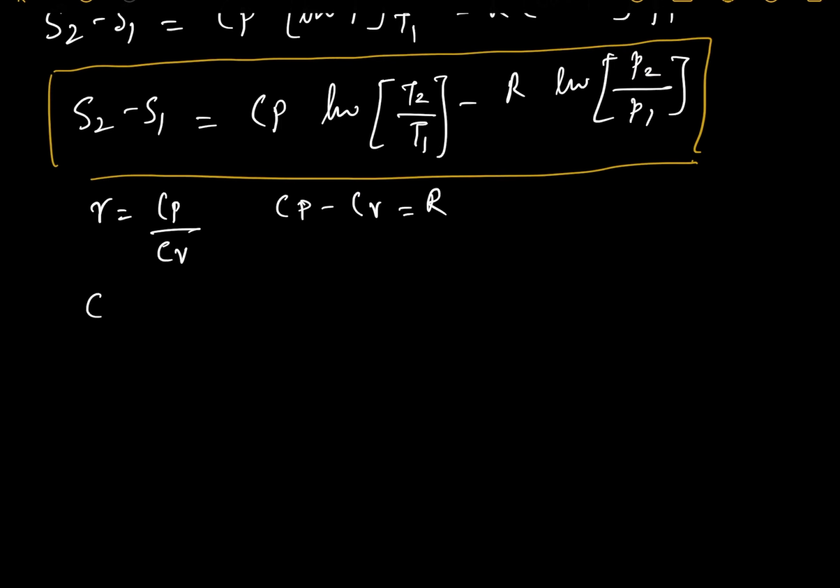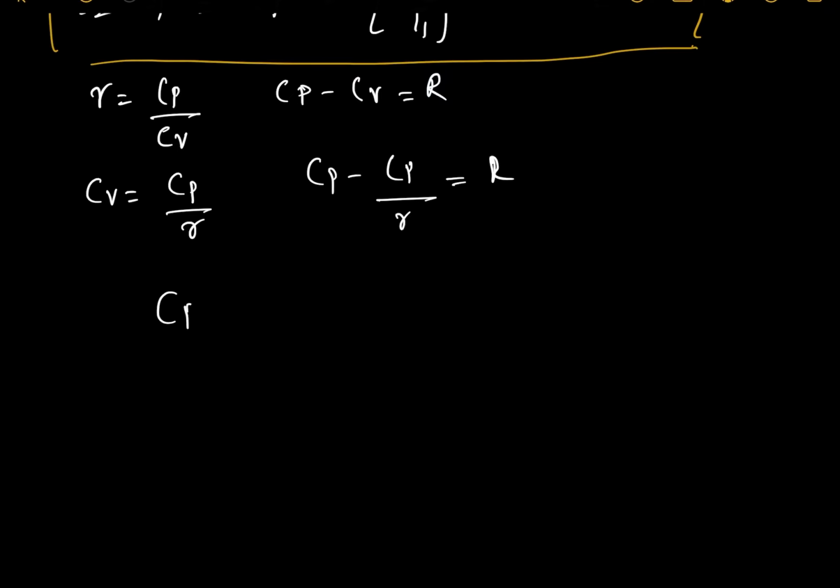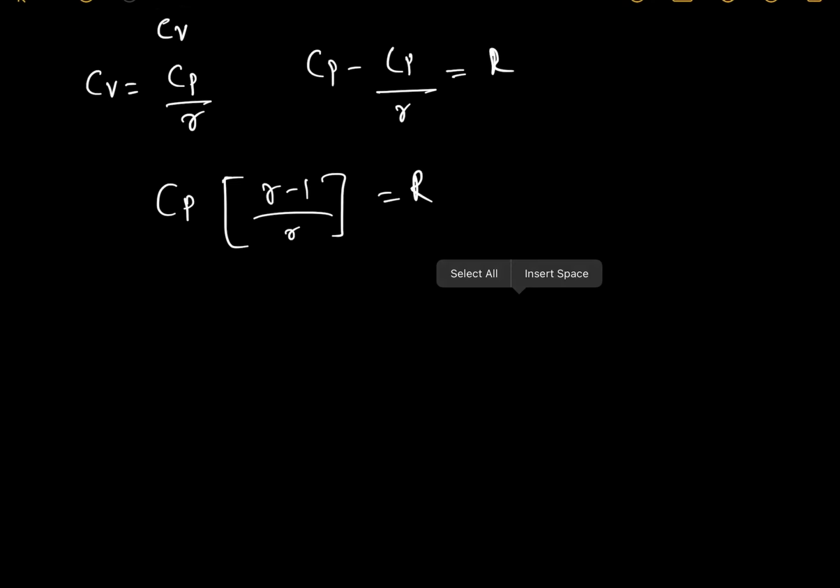So we can put the value of Cv in this equation. So what will we get? Cp will be gamma R upon gamma minus 1.